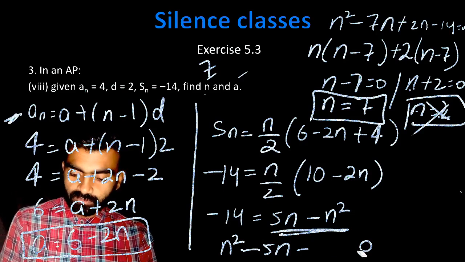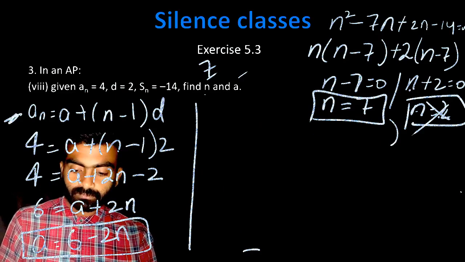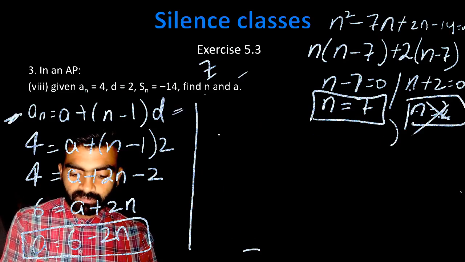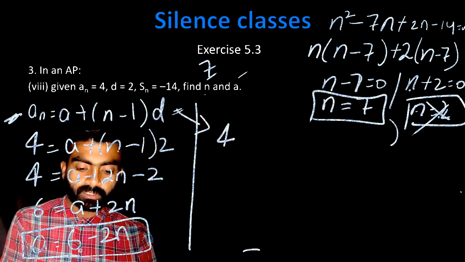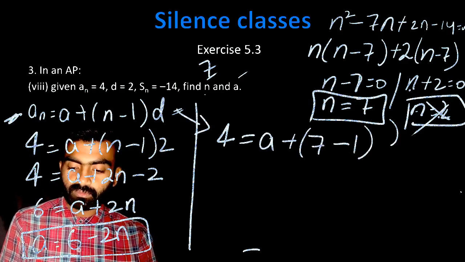Now I'm just rubbing it out. Now we will put the value of n over here. We have a_n, that is 4, equal to a plus n minus 1, that is 7 minus 1, and d we have, that is 2.